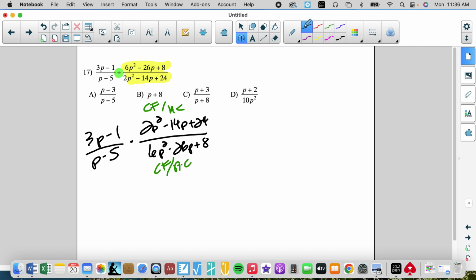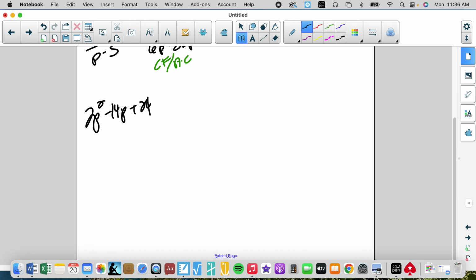So I'm going to look at that top right. 2p squared minus 14p plus 24. Let's factor first, common factor. It's got a 2. So we get p squared minus 7p plus 12. Good. Now a times c. So factors of 12: 1 and 12, 2 and 6, 3 and 4, and that's it.